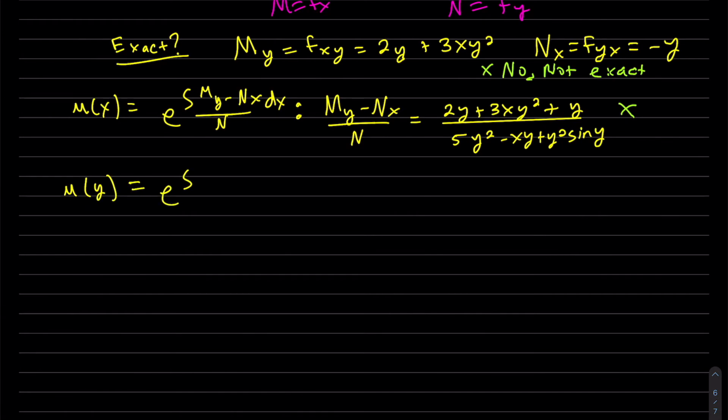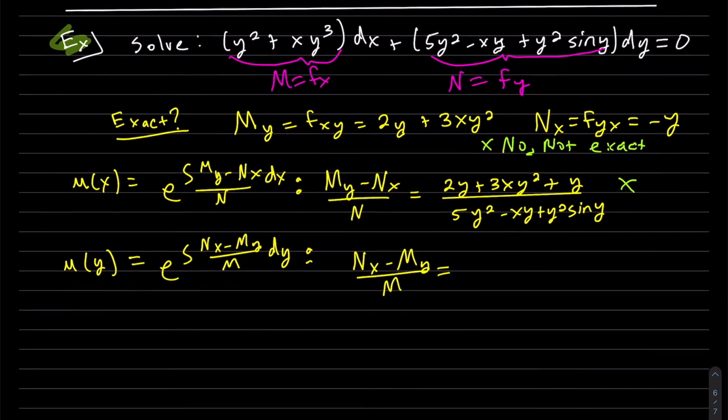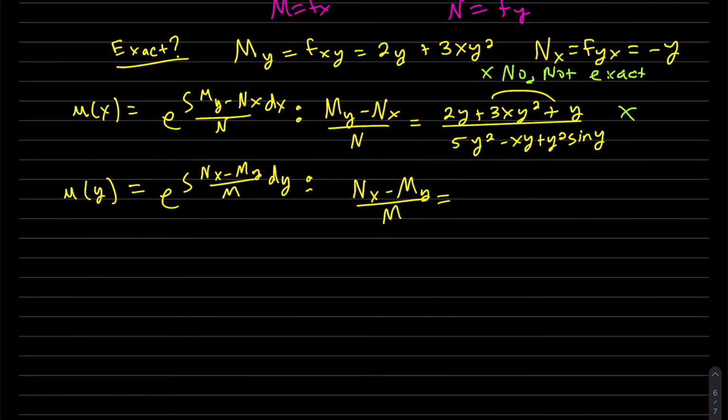E to the integral of nx minus my all over m dy, and so to keep it clean we'll just find nx minus my all over m, which is going to be, these terms are going to be flip-flopped, minus y.